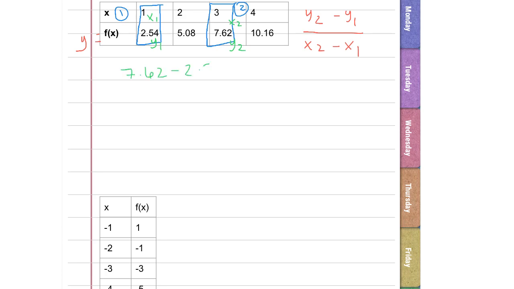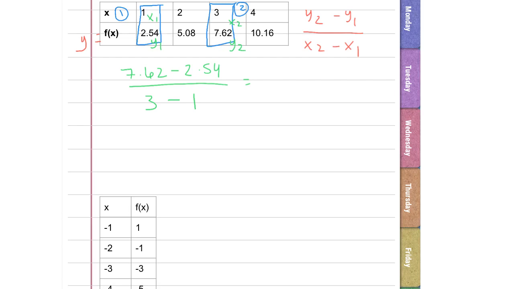All right, so 7.62 minus 2.54, because y2 minus y1, y2 is 7.62 and y1 is 2.54. Now for the bottom is x2 minus x1. Well, what is x2? x2 is 3 minus x1. x1 is 1, so 3 minus 1.